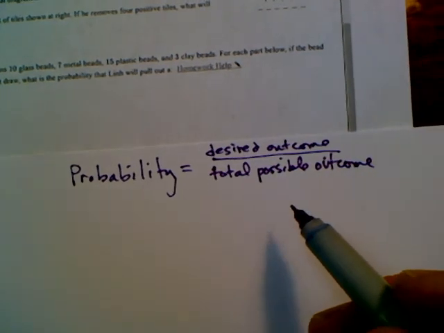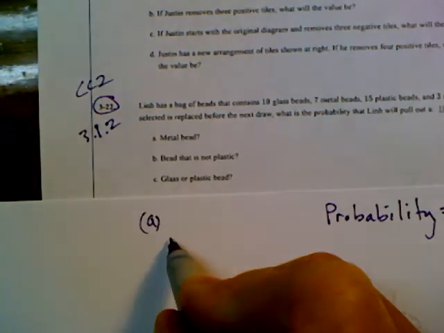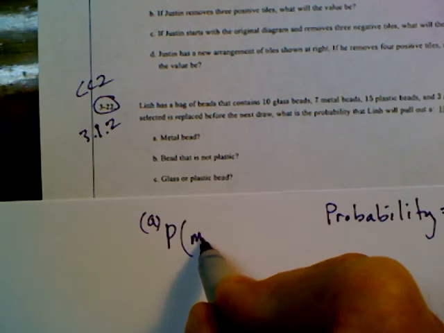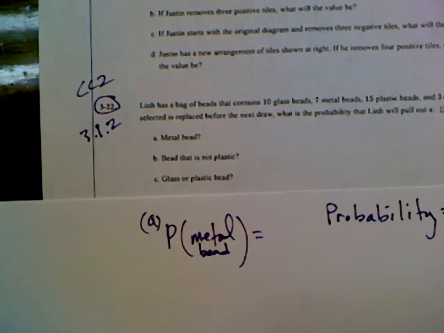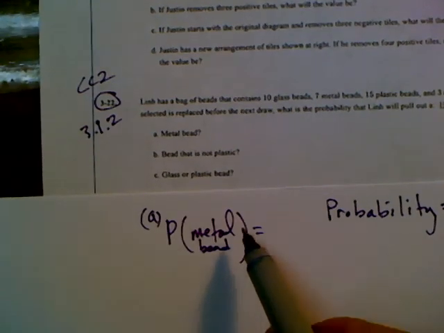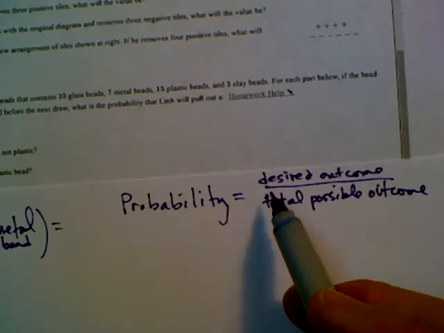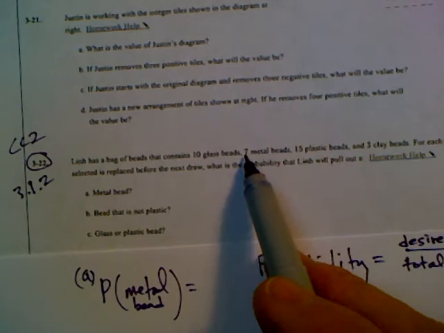So if we go to A and it wants to know the probability, I will rewrite it: the probability of a metal bead, and we can use parentheses, P of a metal bead. So that's the notation. First of all, desired outcome. How many metal beads are there? There are 7.